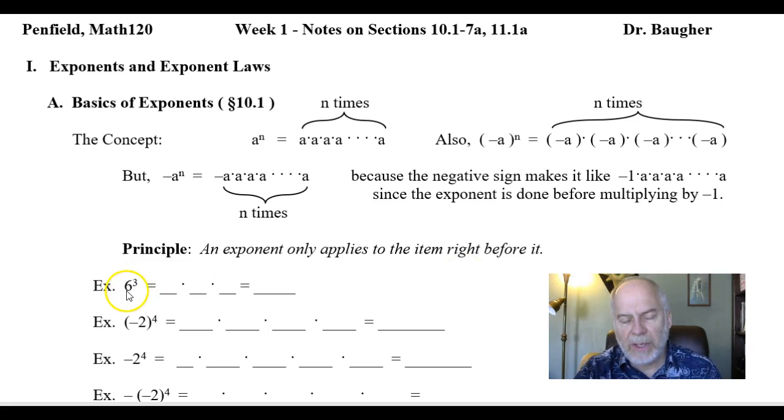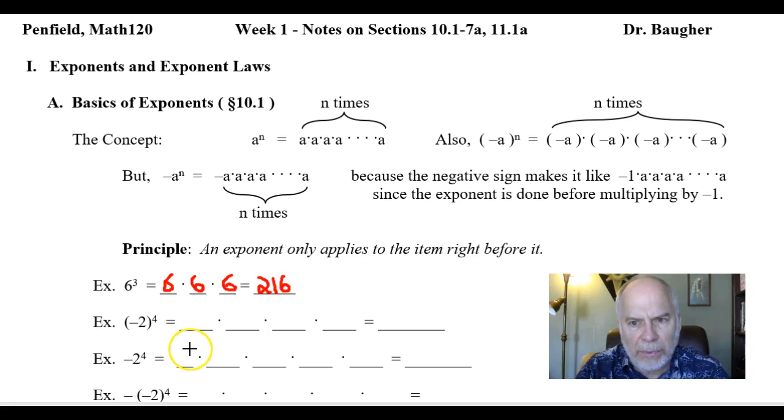That uses the principle that an exponent only applies to the item right before the exponent. So 6 to the third power would mean 6 times 6 times 6, which I believe is 216. In the next example, you have negative 2 to the fourth power, and the negative 2 is inside parentheses, so we take negative 2 and multiply by negative 2 4 times.